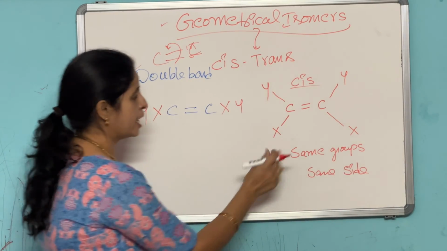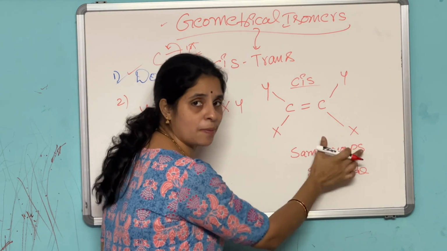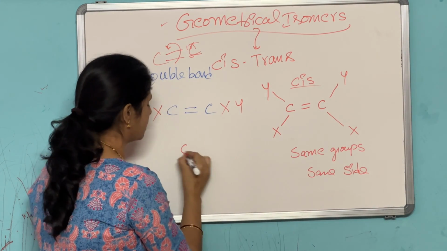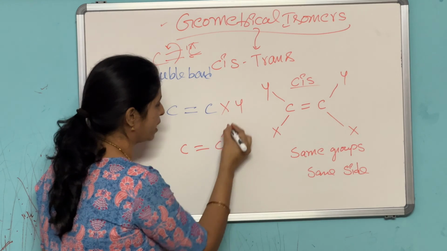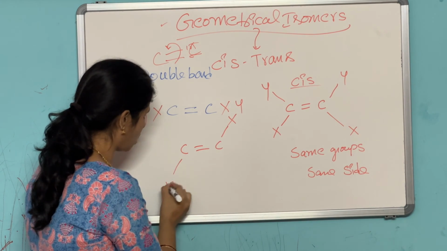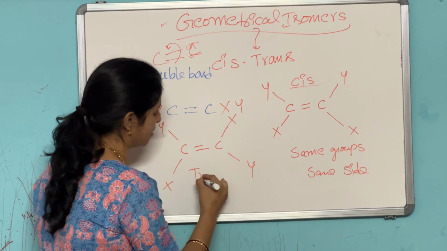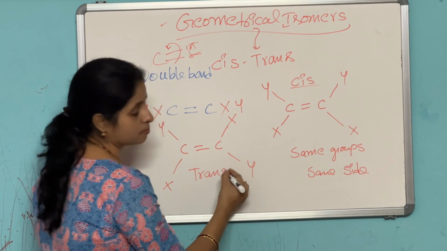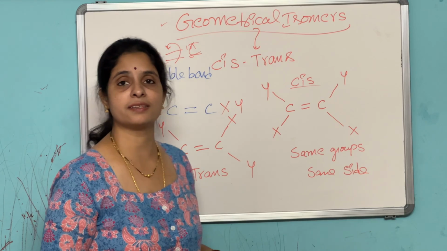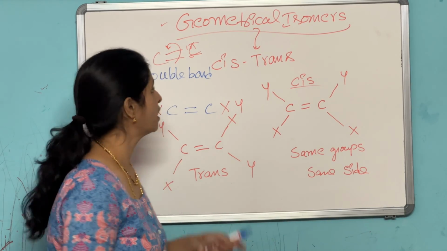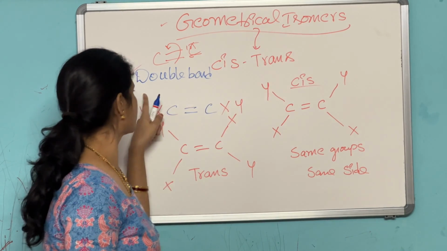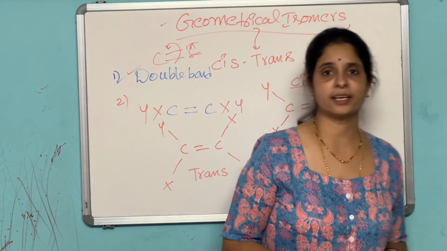Otherwise, if these two same atoms or groups are present on the opposite side of a double bond, we call this a trans isomer. That's it. This is geometrical isomerism. Geometrical isomerism, first condition: the molecule should contain a double bond.